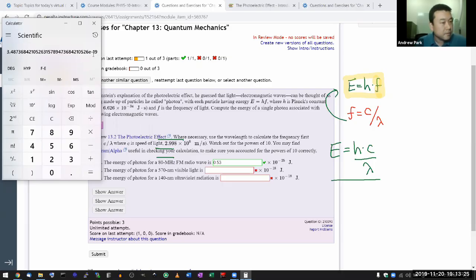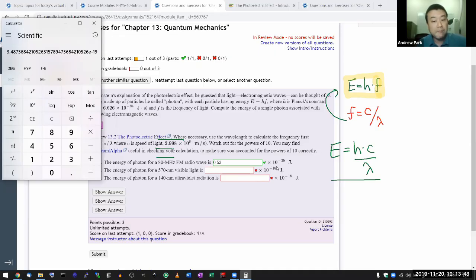Now, I don't want to plug in 3.49 times 10 to the minus 19 joule, because I'm only entering the leading number here without the times 10 to the minus 18. You see that this power isn't the same as 10 to the minus 18. So what I need to do is the same thing as before.